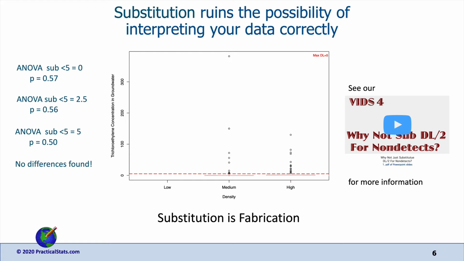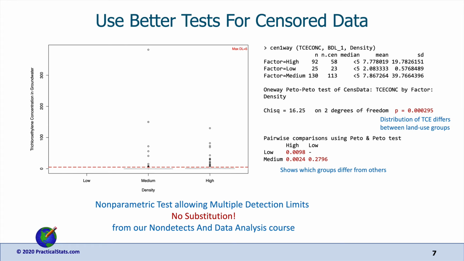That's because substitution is fabrication. You're making up data for all of this 80% of the data that are below 5. There are, in fact, differences that can be shown between these 3 groups. See that other video if you're more interested in that, but there are better methods for censored data. And so this is a nonparametric method that allows multiple detection limits. It's a censored data method.